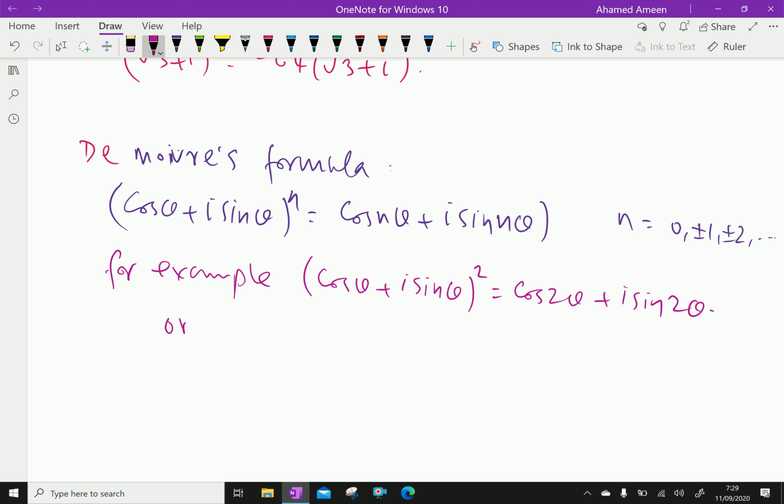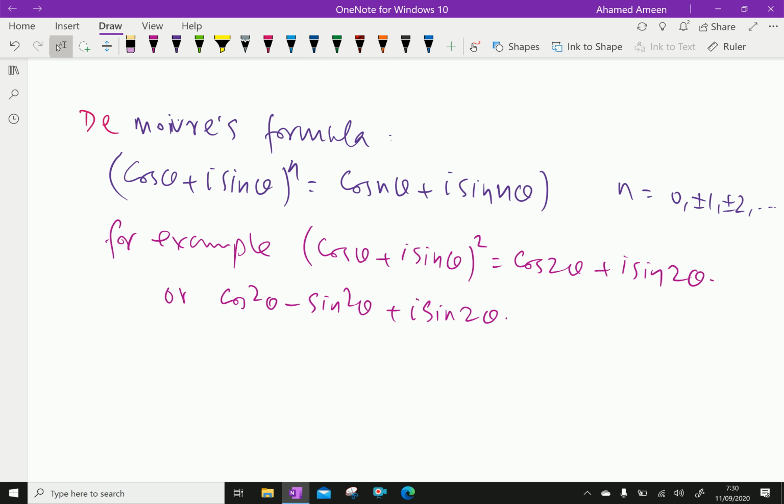Or we can say cos 2 theta plus i sin 2 theta can be expressed as cos squared theta minus sin squared theta plus i sin 2 theta, that is 2 sin theta cos theta.